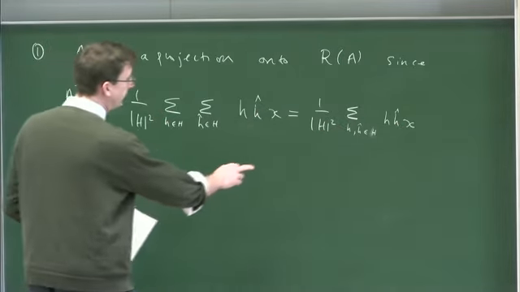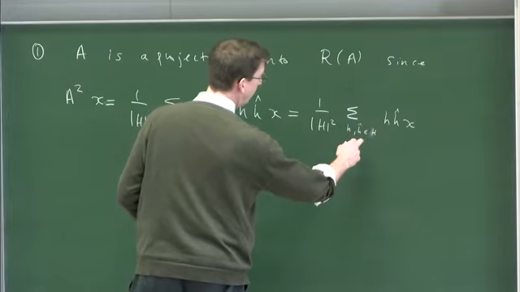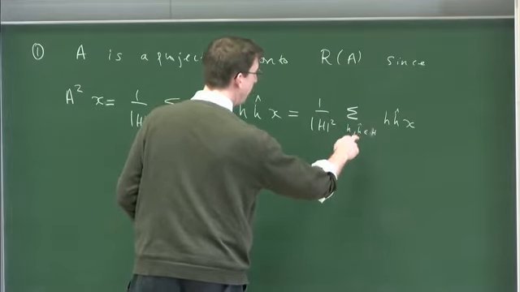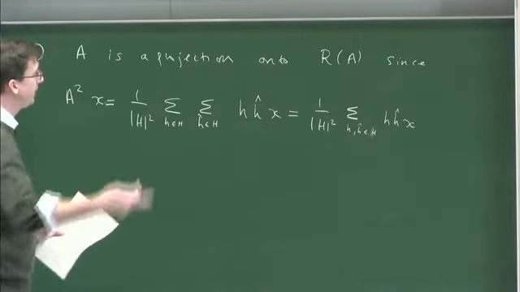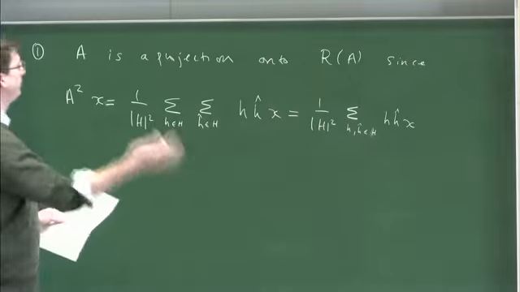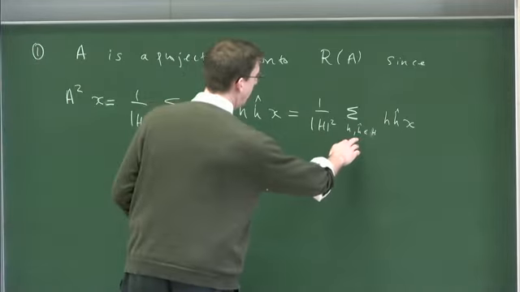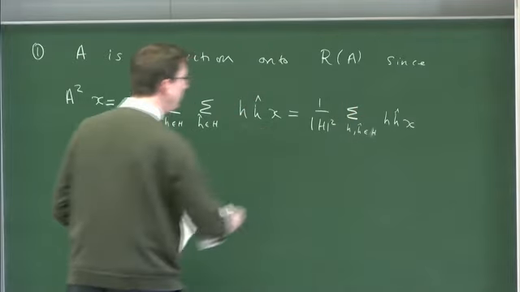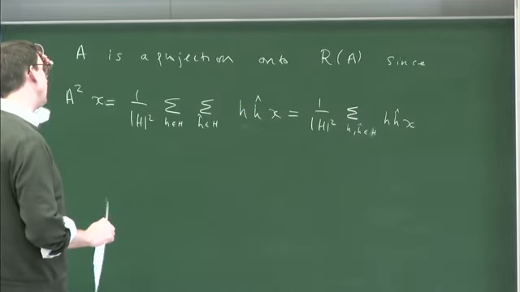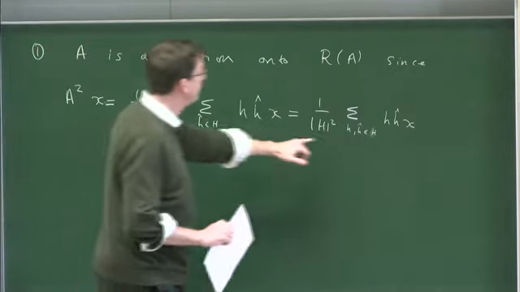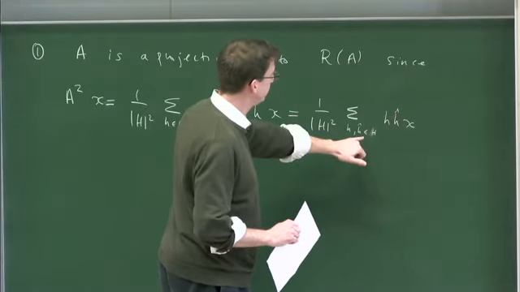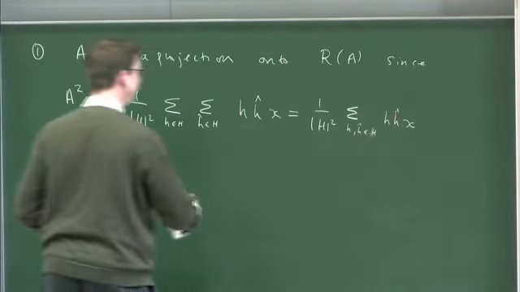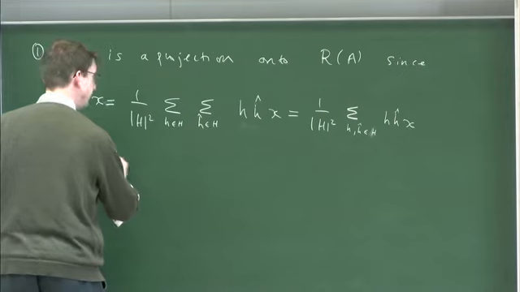So if I keep one of these constants, then for every fixed h, as h hat moves through the group, I get one contribution from every h hat, and that's a set of contributions the size of the order of the group. And they're all different to each other.